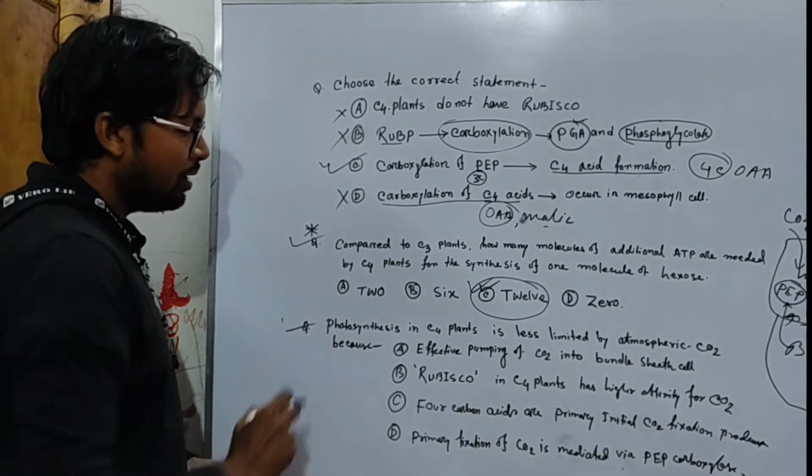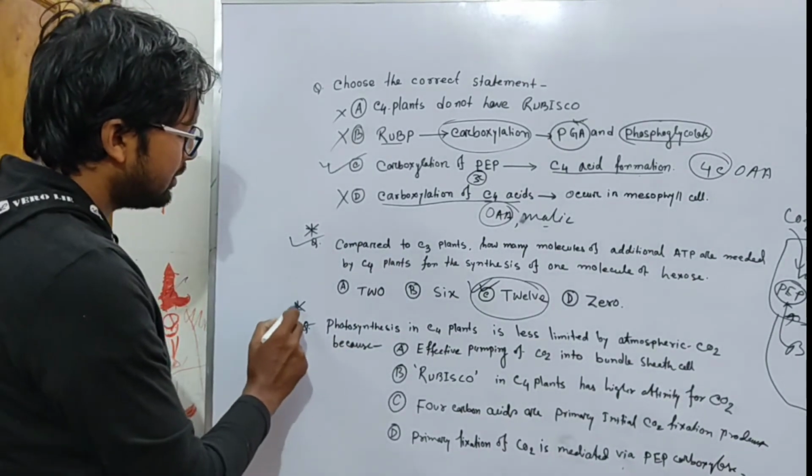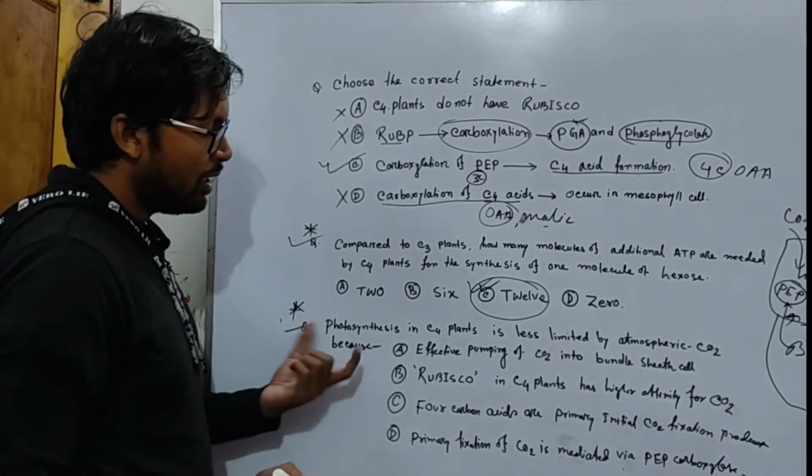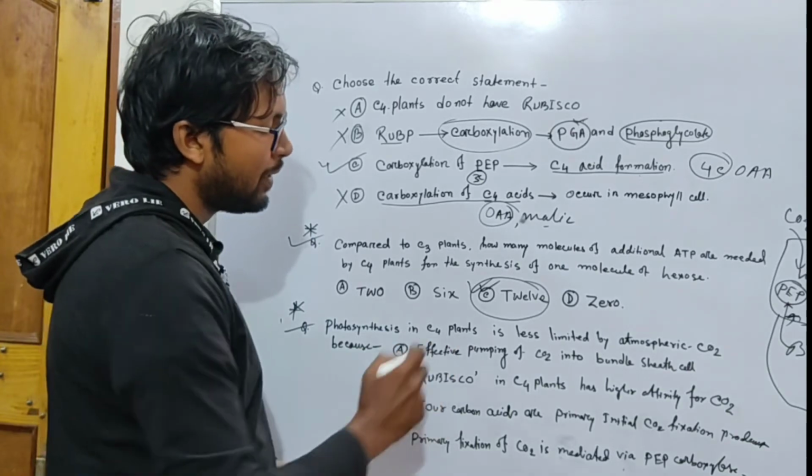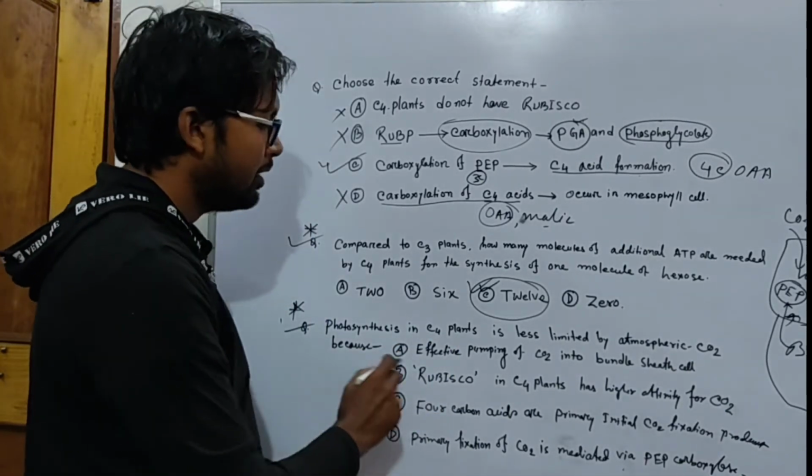Now, this is the most important question, an NCERT-based question asked in 2005. This is a common board question. Photosynthesis in C4 plants is less limited by atmospheric carbon dioxide.